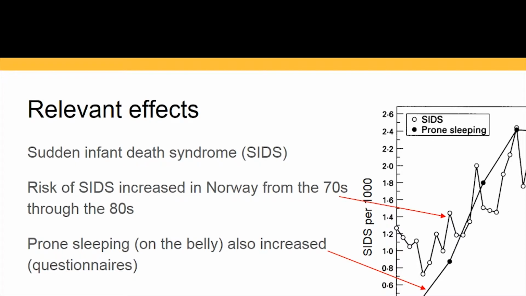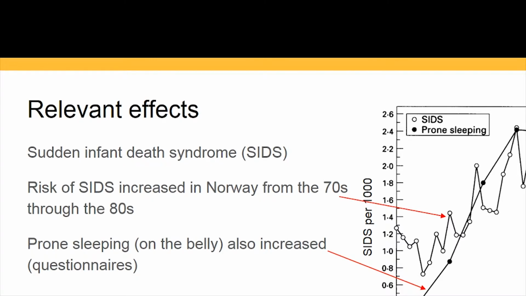As seen, the risk of SIDS increased manifold from the 70s through the 80s. And the same did the proportion of babies sleeping in the prone position. My understanding of that increase in the prone sleeping position is that mothers were told that this was good for the development of the baby's back and neck strength.